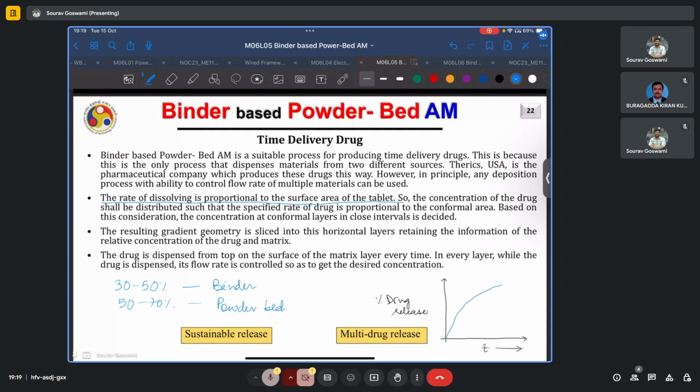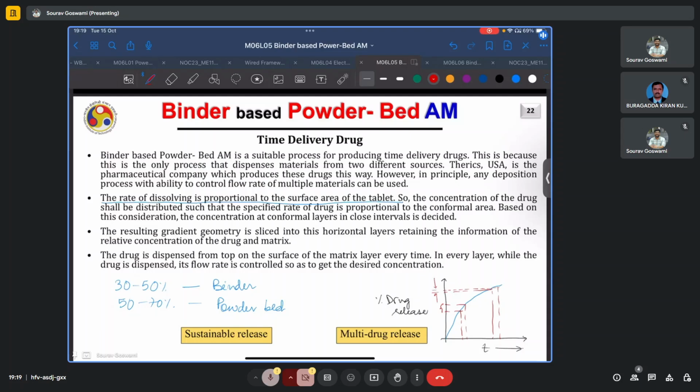So initially, in the same time step, you might have a good release of drugs, whereas later, once this saturates, in the same time step the amount of drug released is very small.